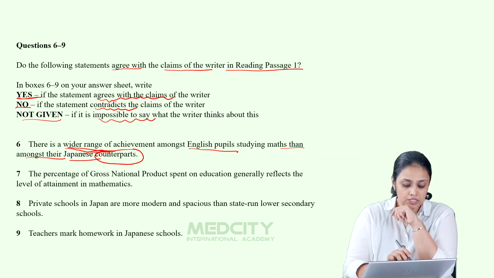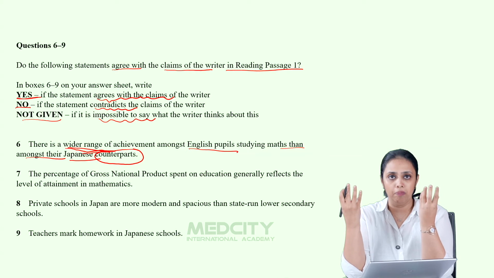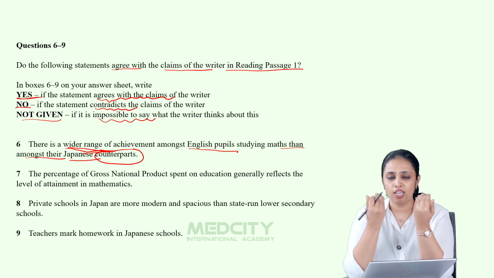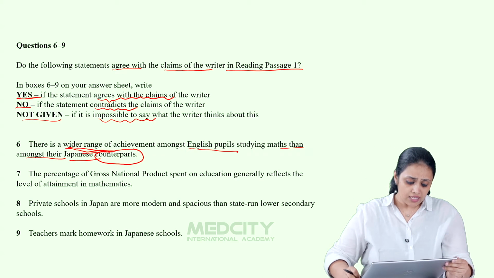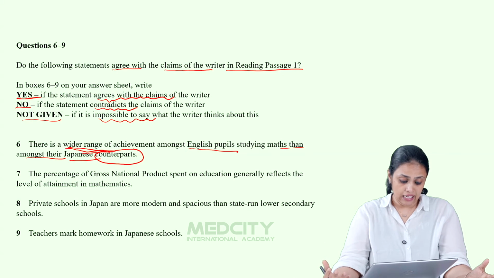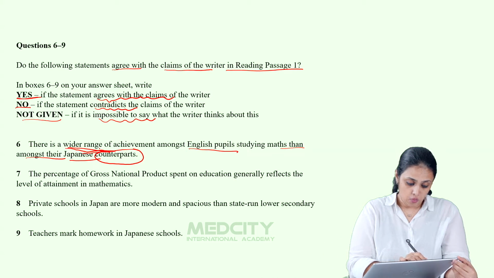So here counterparts means English pupils studying maths and Japanese people who study maths. People who share or do the same things or hold the same position. That's what you mean by counterparts. So the statement is trying to declare that there is a wide range of achievement, wide range.